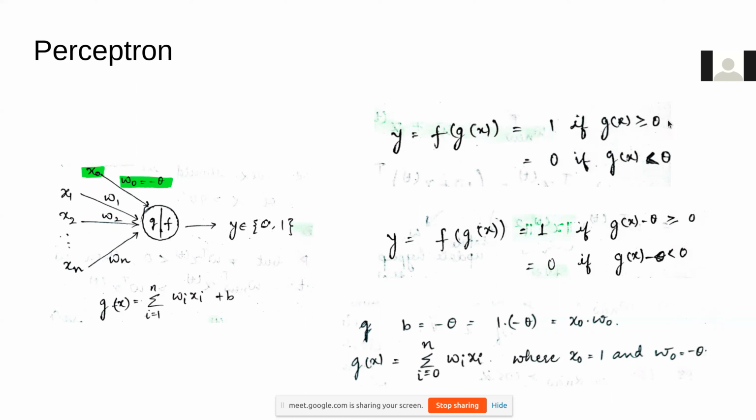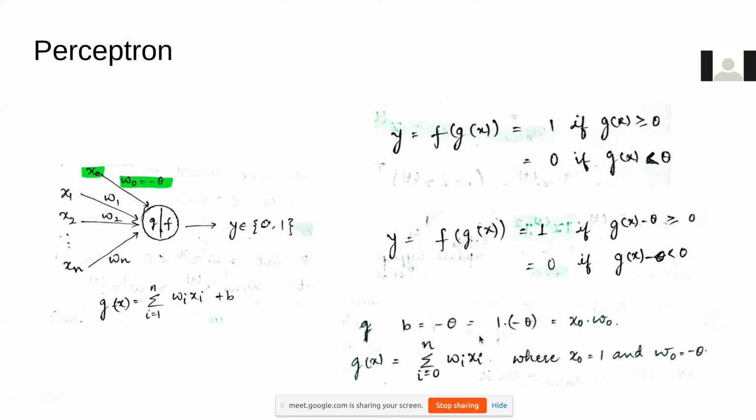So to remove this, we will introduce theta itself as a part of the model, and that can be learned. Now we can rewrite this inequality as g of x minus theta greater than or equal to 0, and g of x minus theta less than 0. So this reduces to nothing but b taking the value of minus theta here, right? This is something which we can equate.